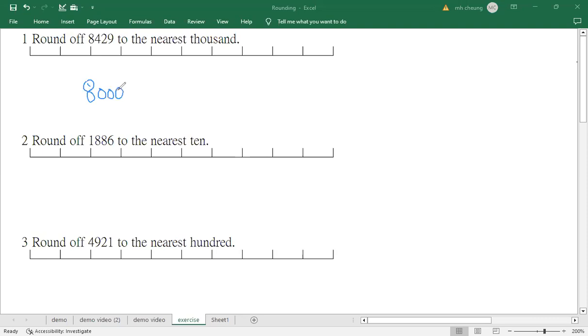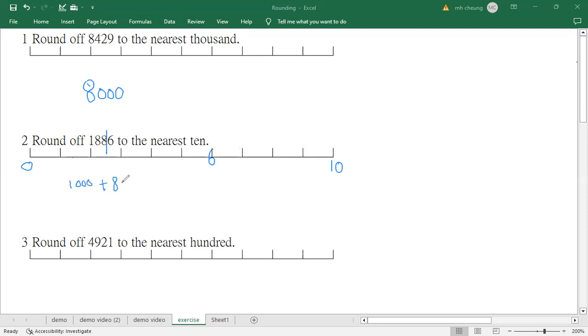And then question number 2, round off the number to the nearest 10. Okay. So on the number line from 0 to 10, 6 should be here. Again, you will see 6 is close to the 10 end.